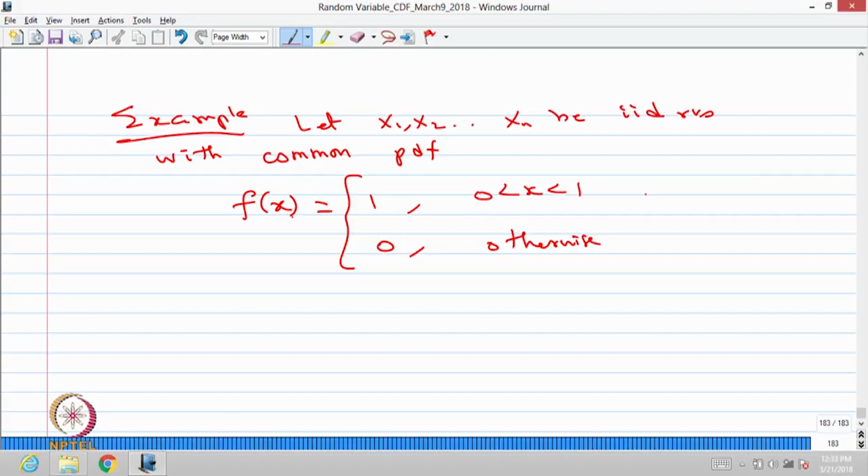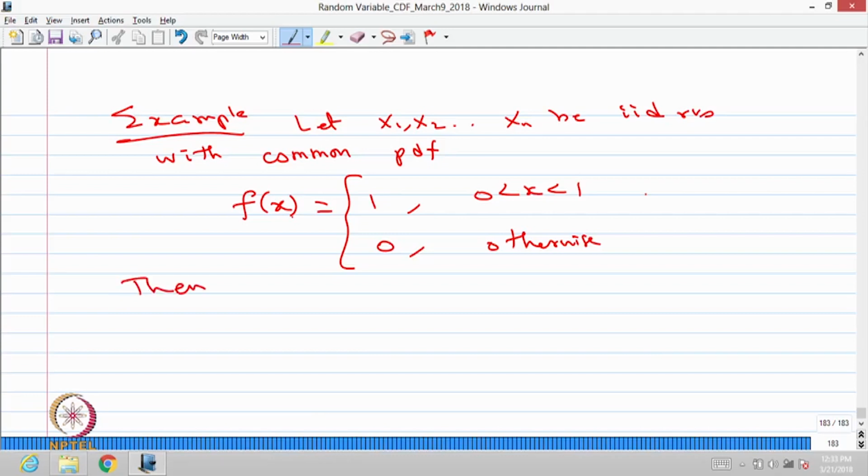By using the previous result, one can get the probability density function of any rth order statistic, that is going to be n factorial divided by r minus 1 factorial multiplied by n minus r factorial.